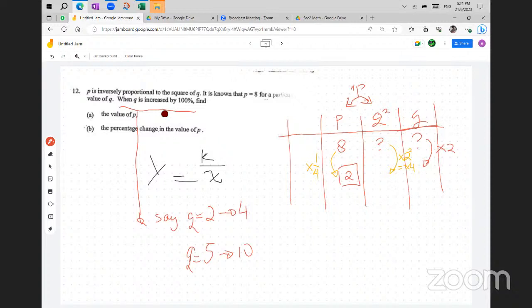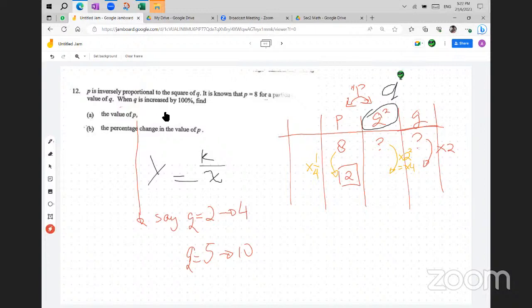So P is 2. I have answered part A. Wait, this is a Q, right? Yes, that would be my Q. Sorry, it looks a bit weird. That's the Q square, right? That would be correct.